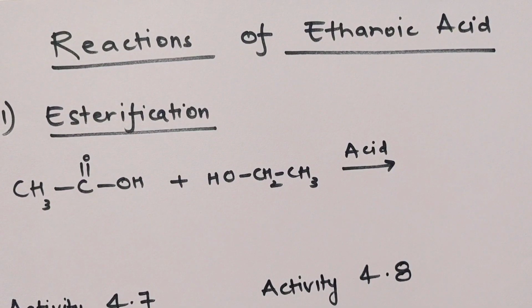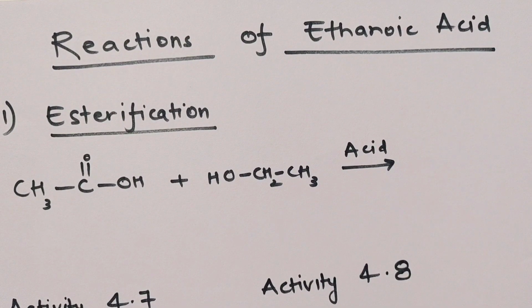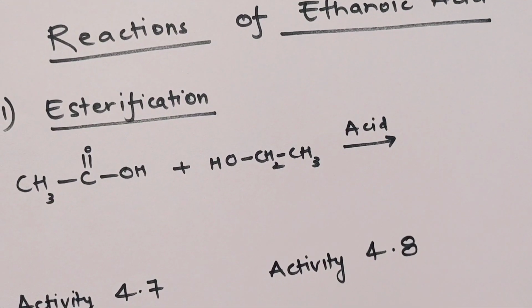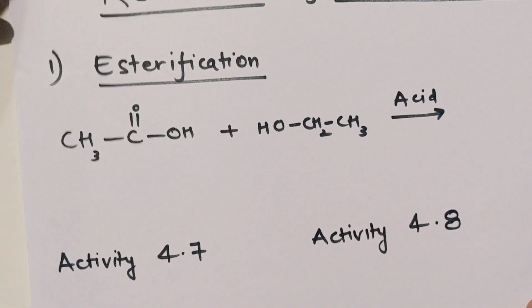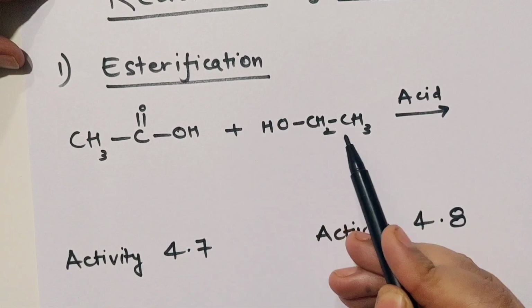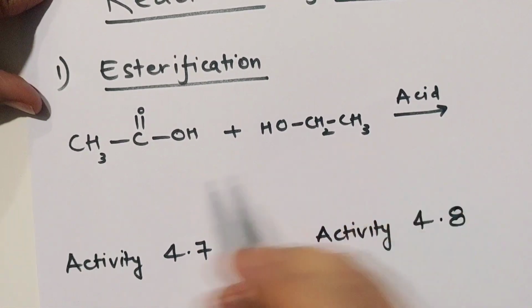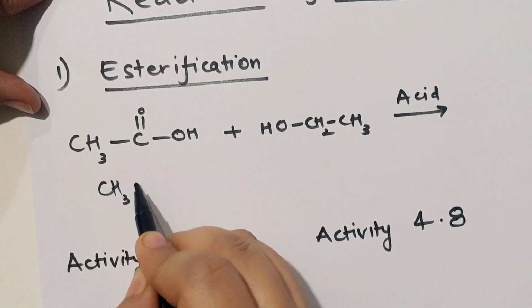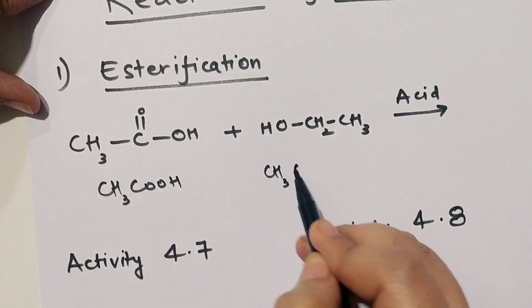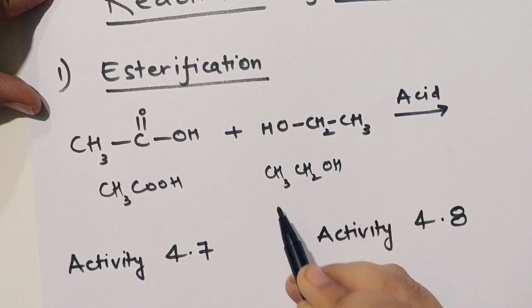Now let's talk about reactions of ethanoic acid, or in other words, reactions of acetic acid. The first reaction is esterification. Here, your ethanoic acid combines with ethanol. This is how you usually write ethanoic acid, and this is how you usually write ethanol.